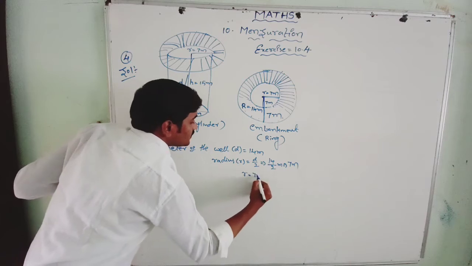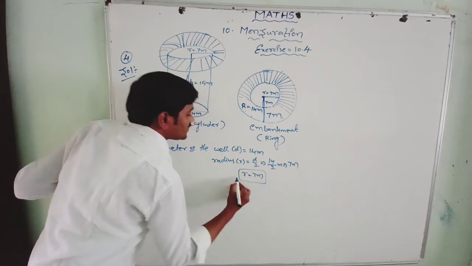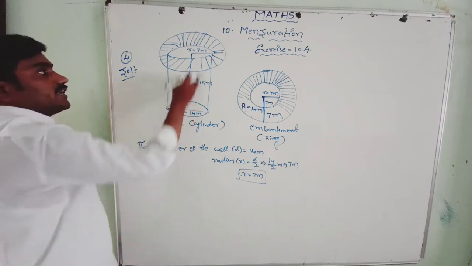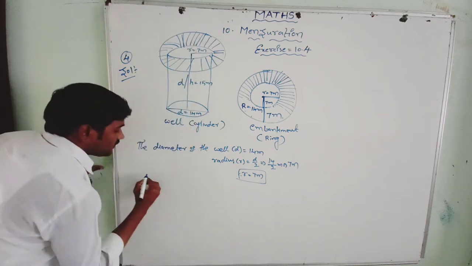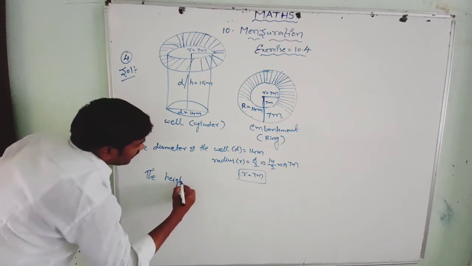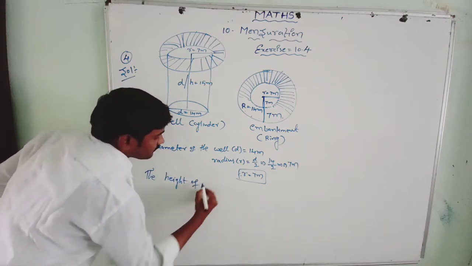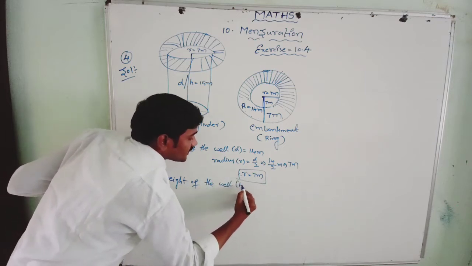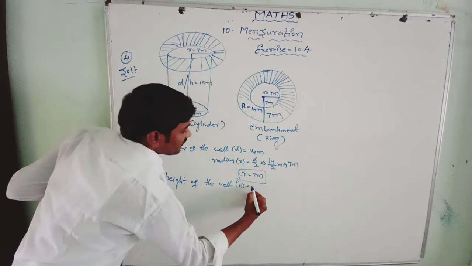R equals 7 meters. This is the radius of the well. Then the depth of the well, nothing but the height of the well, H equals 15 meters.